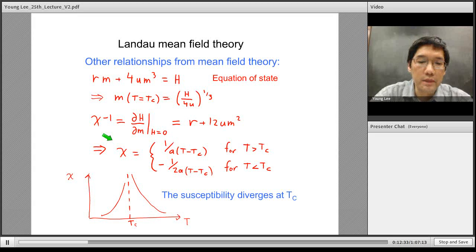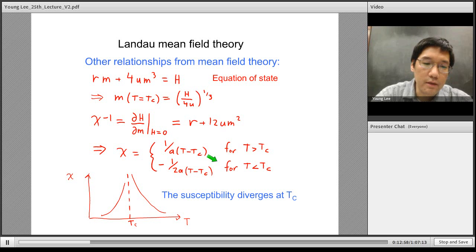The susceptibility equals 1 over some constant times T minus Tc for T greater than Tc, and you get this expression with the negative sign, 1 over 2a times Tc minus T, and this quantity is still positive because T is now less than Tc.